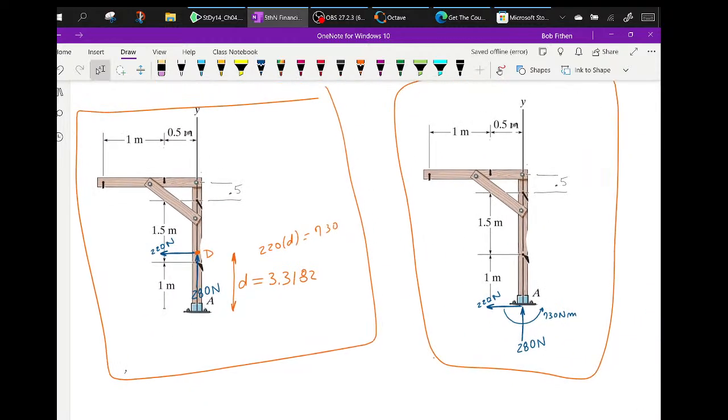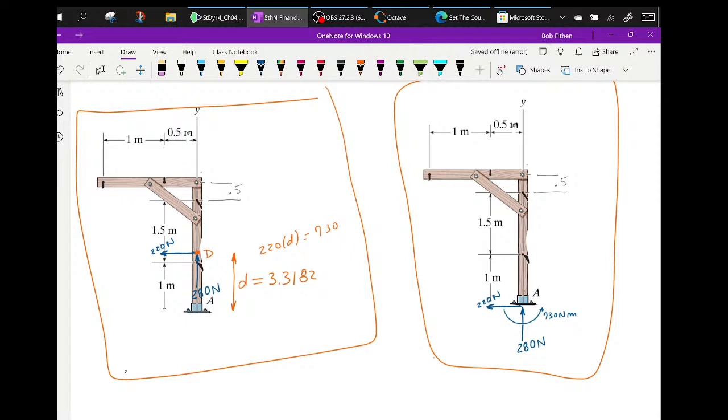Now, I have moved this 220 up some. By moving it up, I essentially created a moment. It turns out that that location right there is such that it's the same.